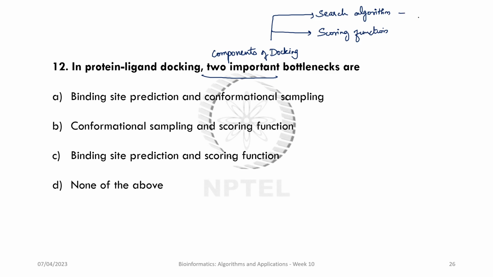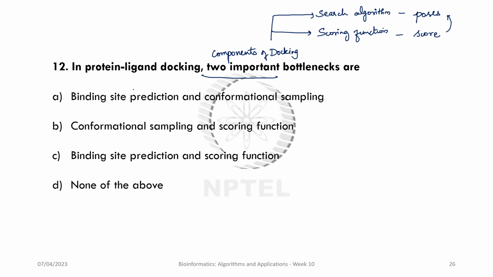The search algorithm generates a large number of poses of a molecule in the binding site, while the scoring function calculates a score or binding affinity for a particular pose, right?